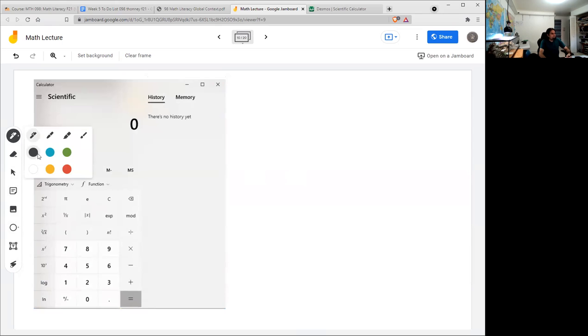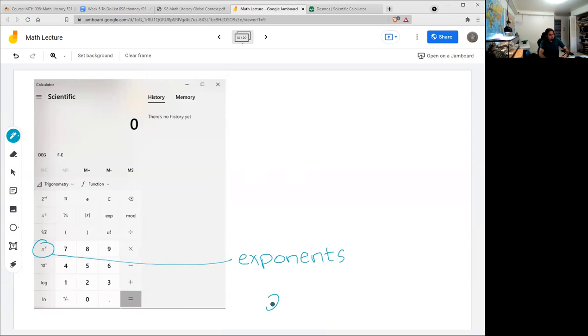So we know that this button is the one that actually does exponents. If I want to do 2 cubed is 8, then I use the X to the Y button. So what's up with this button that says EXP?